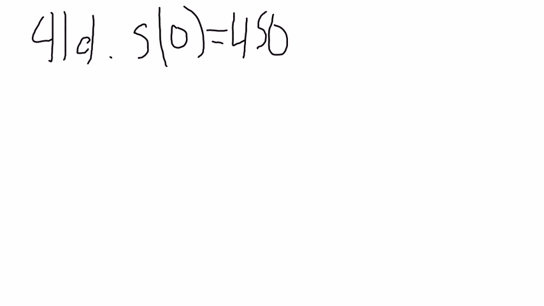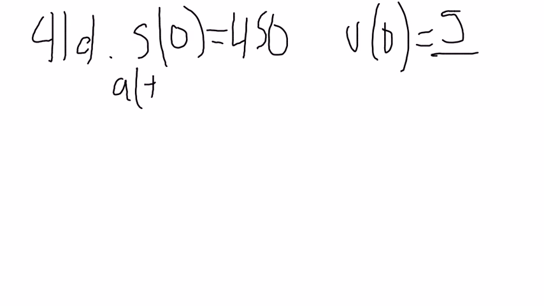Okay, so S of 0 is still equal to 450, but now instead of v of 0 being 0, v of 0 is equal to 5. Okay, so our A of t doesn't change. It's still negative 9.8.